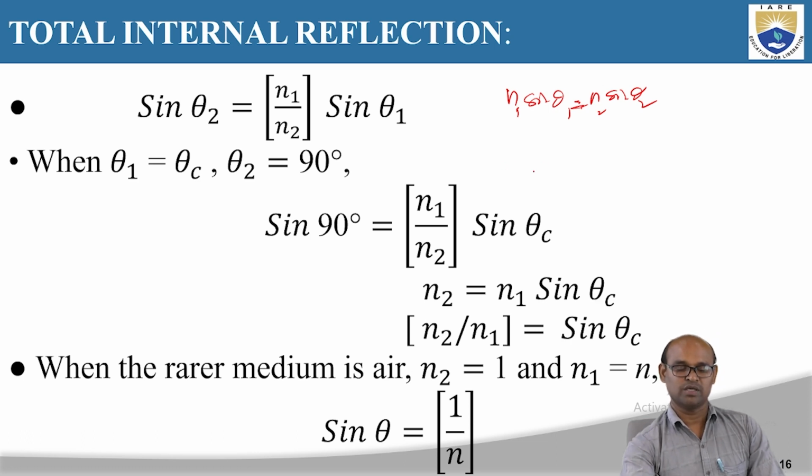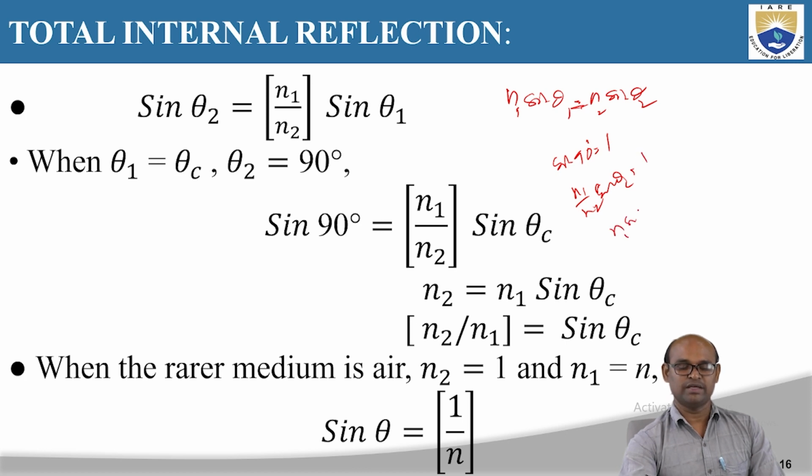So in this equation, sine 90 degrees is 1. That is the reason why n1 sine theta C is equal to n2, or sine theta C is equal to n2 by n1, or theta C is equal to sine inverse n2 by n1.